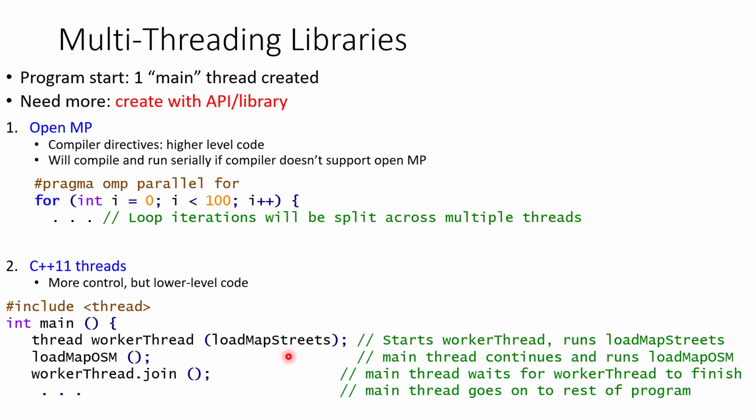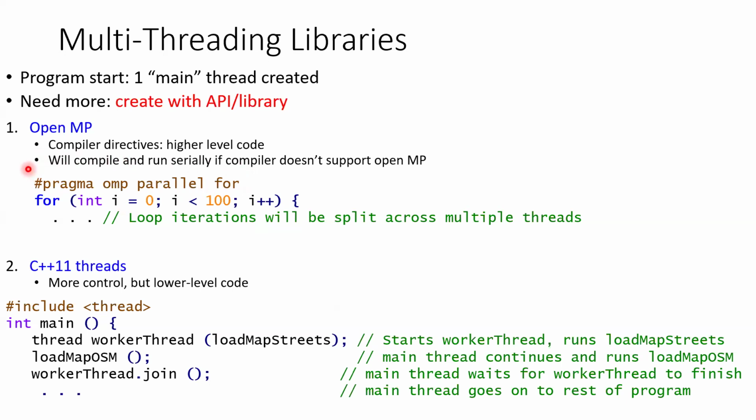After finishing with the theory, let's go into the coding. At program start, you're always in your main function, and the program will create a main thread. If you need to make more, you have 2 options. The first option is to use OpenMP, which is adding this line before your for loop.